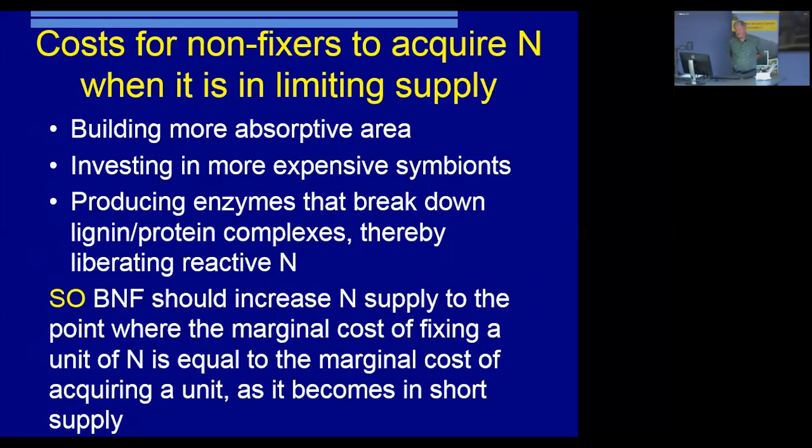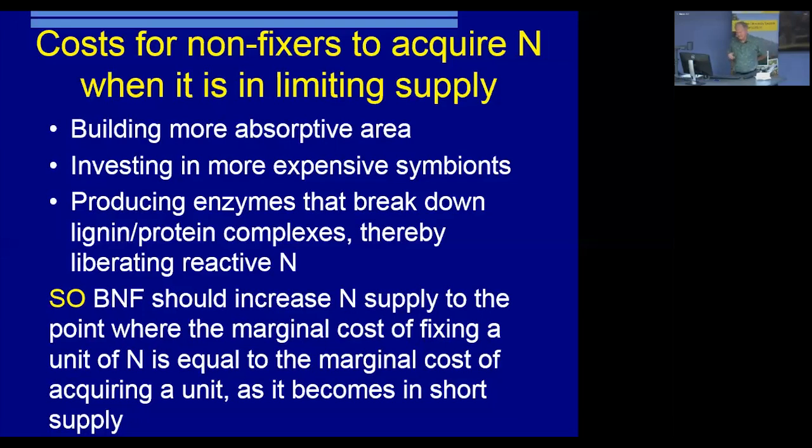And when non-nitrogen fixers have to acquire more nitrogen to, say, compete with biological nitrogen fixers, when nitrogen is in limiting supply, they have the cost of building more adsorptive area, getting better symbionts, producing enzymes and releasing them into the soil to break down lignin protein complexes. It's costly to get nitrogen in a nitrogen constrained environment.